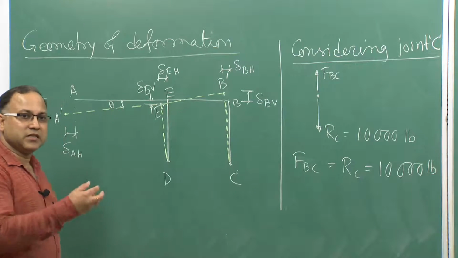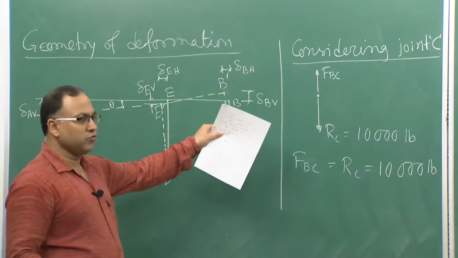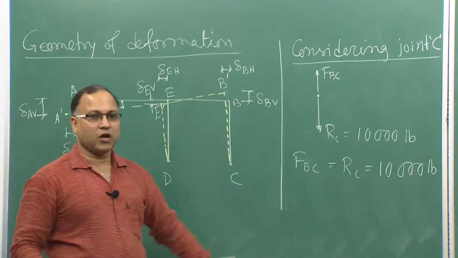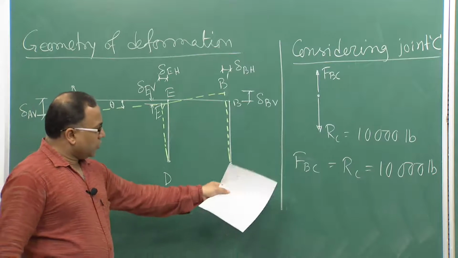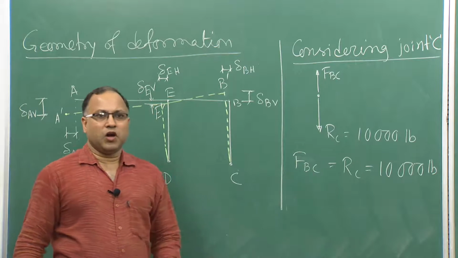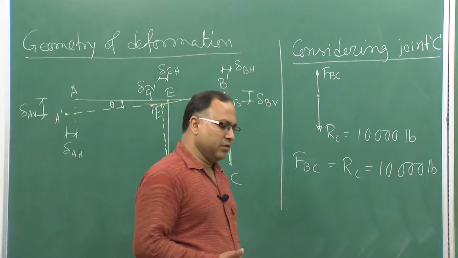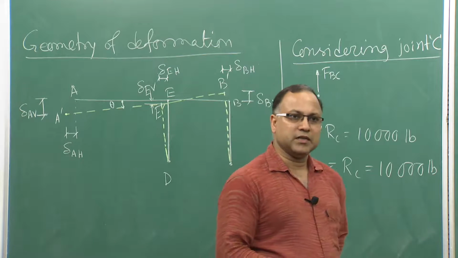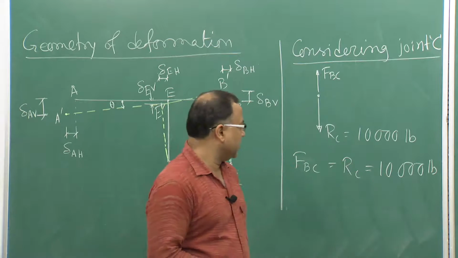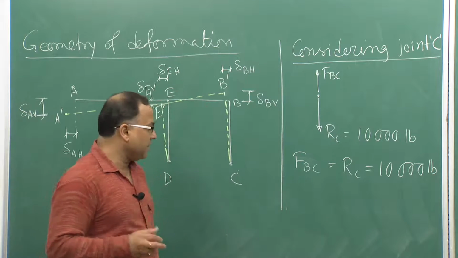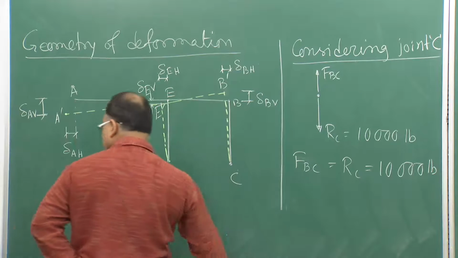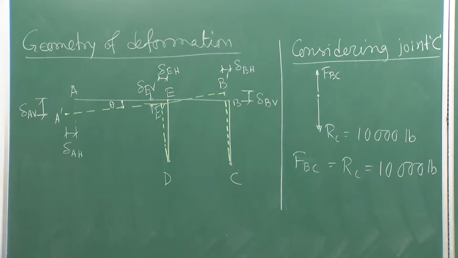So, whatever direction of BC we considered before the analysis was perfect. We have got FBC equal to 10,000 pound.